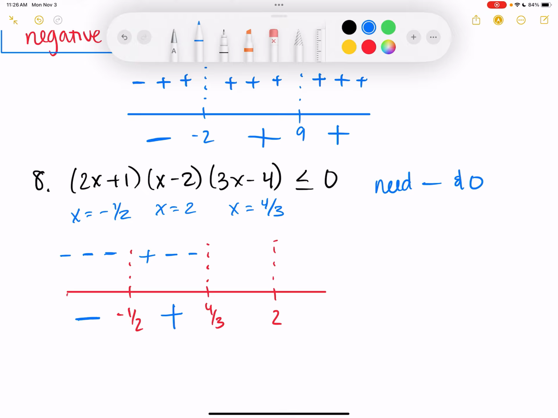So if I plug in either 3/2 or 5/3, either one's going to work. You can take your pick. That one's positive. What about this one? Negative. This one? Negative. So then, wait, this region is positive, or that one's positive.